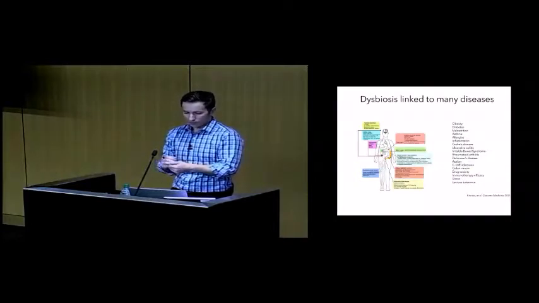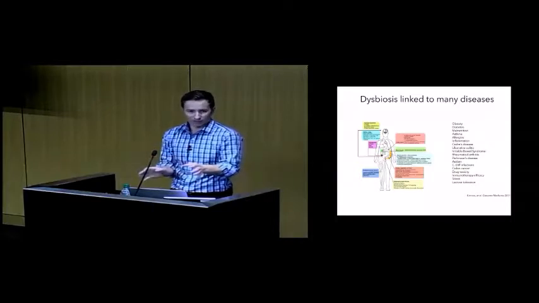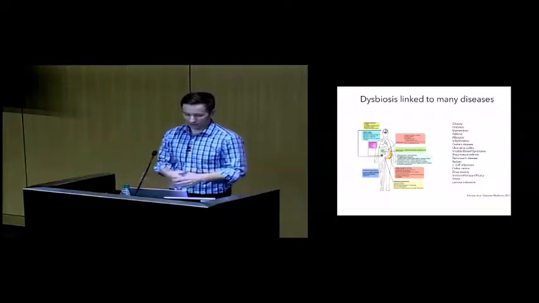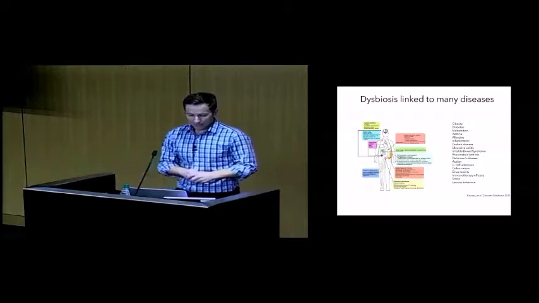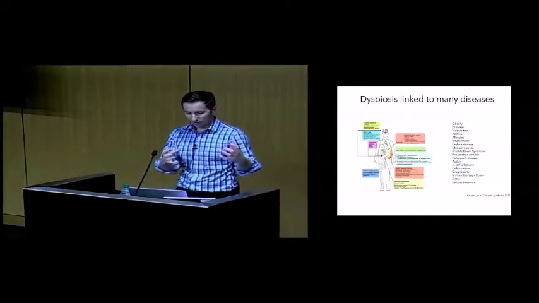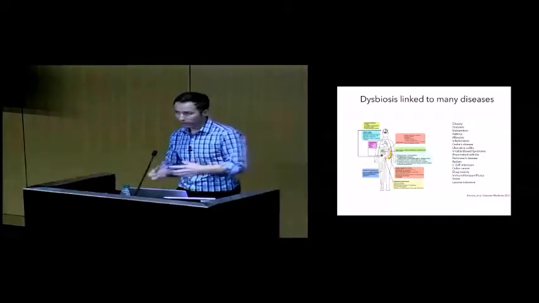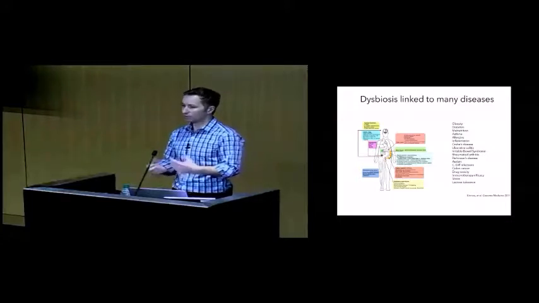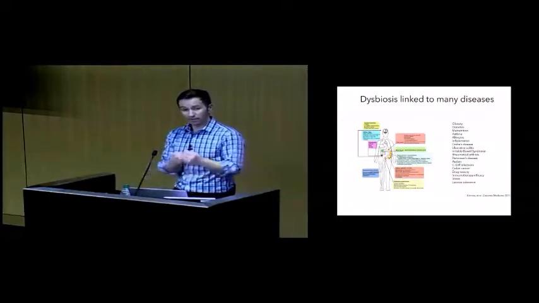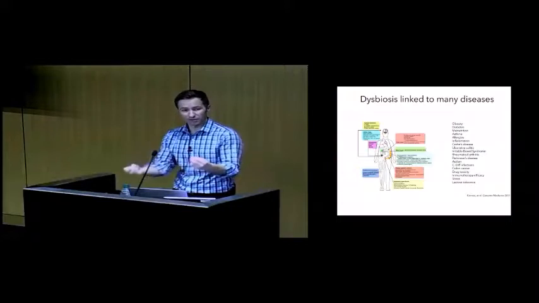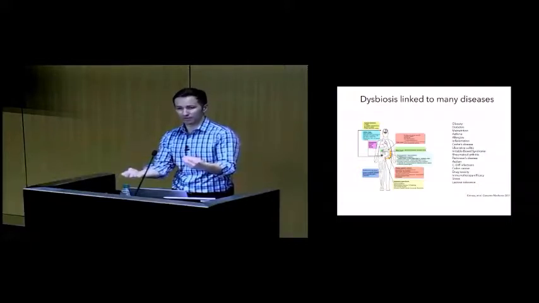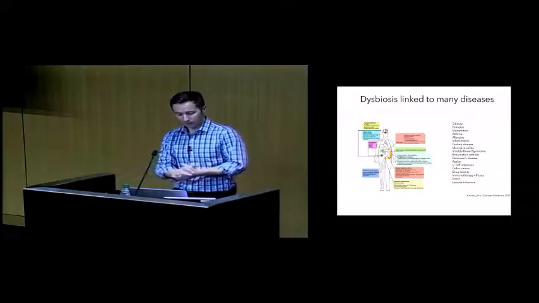And we don't know what the vast majority of those genes are and what they're doing. But we know that if you have a shift in the microbiota in a certain direction, it can cause obesity. You can actually put microbes from an obese person into mice, and the mice will become obese. And we've done some work like that in my lab as well.